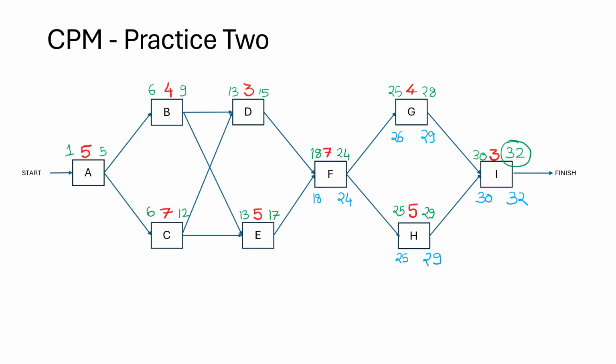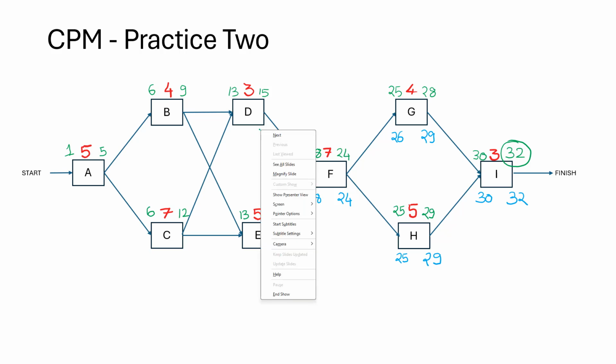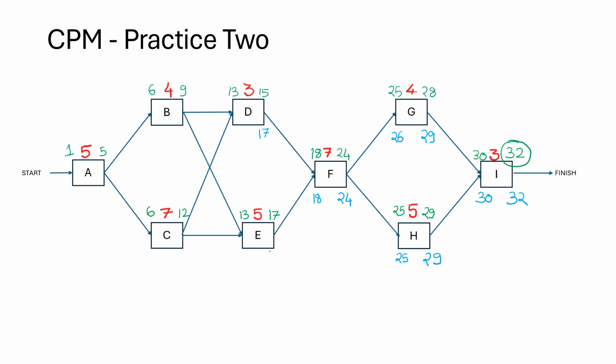Now, this 18 drives the late finish of these 2 tasks, D and E. So I subtract 1, and on task D we get 17. And here also it is 17. Now let's find the late start on task D. 17 minus 3 is 14, plus 1 is 15. And on E, 17 minus 5 is 12, plus 1 is 13.